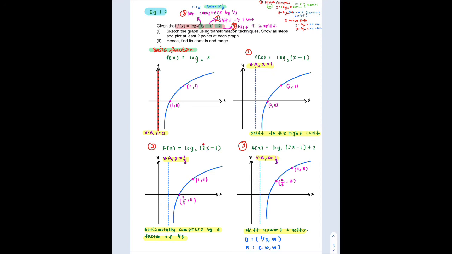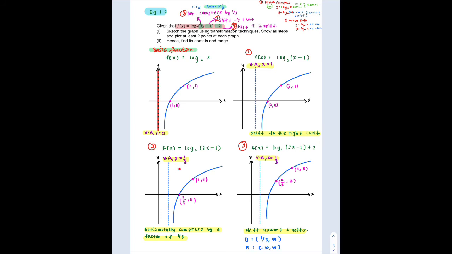We have multiplied 3 inside here. So the vertical asymptote is x equals 1. Make sure you change this vertical asymptote, because you want to do the transformation towards your x coordinate. The x coordinate you want to multiply by 1 over 3. Therefore, let's multiply x equals 1 by 1 over 3.